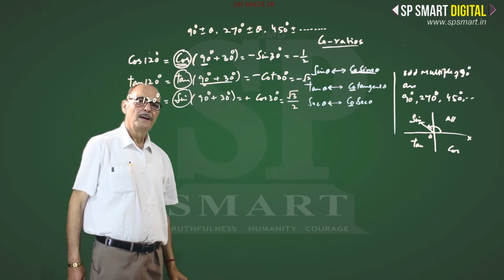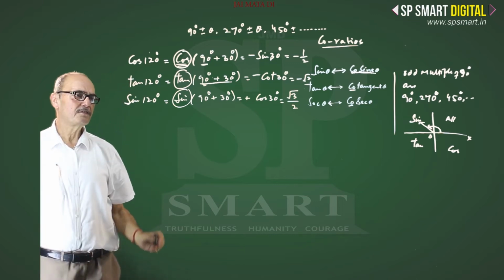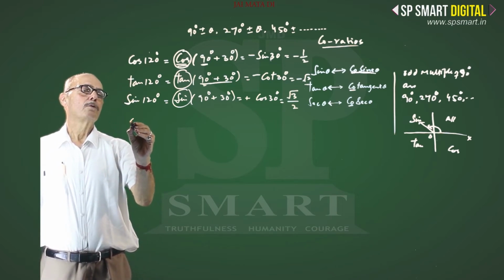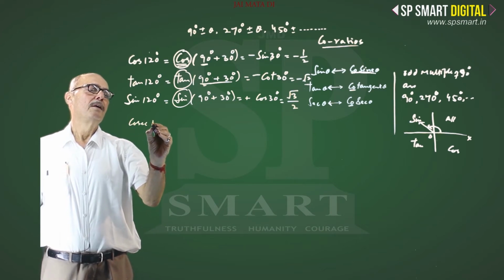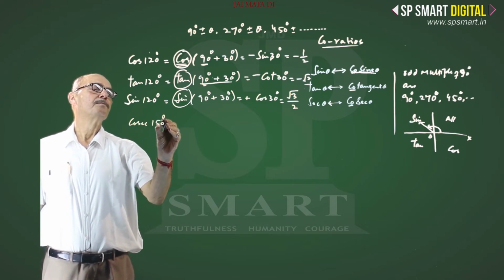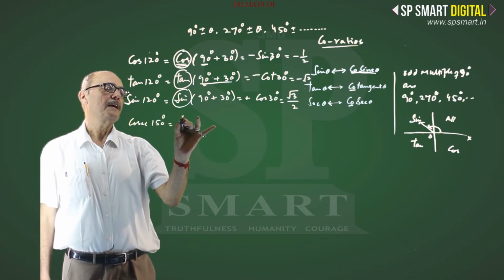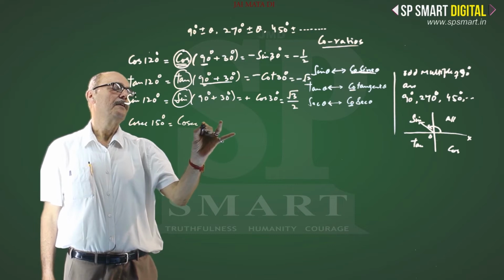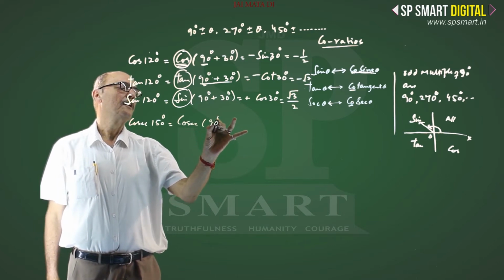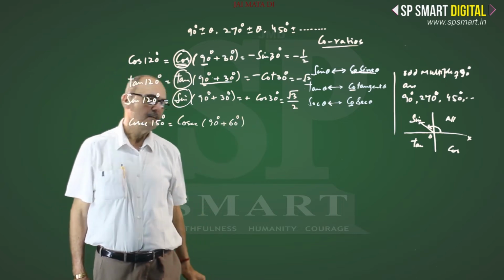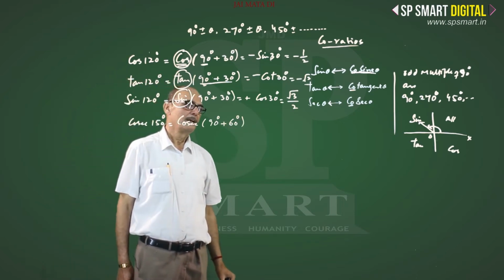We take another example. For instance, we take cosec of 150 degrees. This can be written as cosec of 90 degrees plus 60 degrees. If you add 90 and 60, it makes 150 degrees.